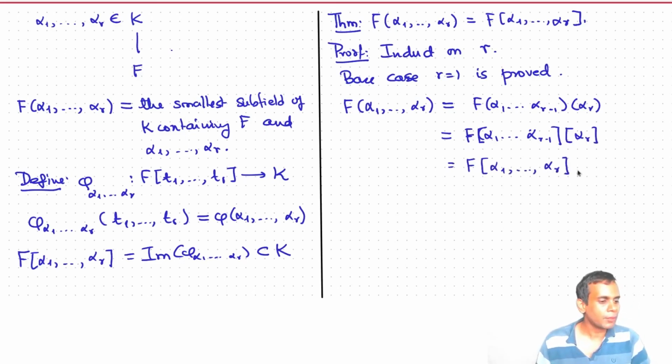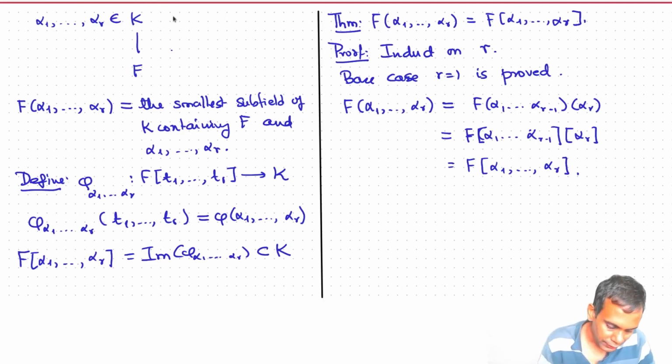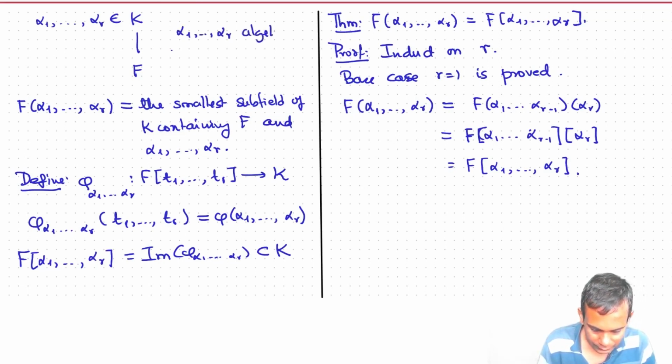So we also have the multivariate case where the field generated by r elements is given by the values of polynomials. Of course, here we need to assume that all these elements are algebraic, otherwise this doesn't work, because at each stage again we're using the fact that alpha is algebraic.